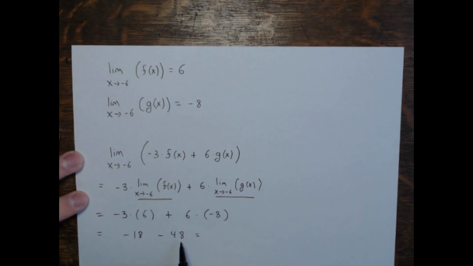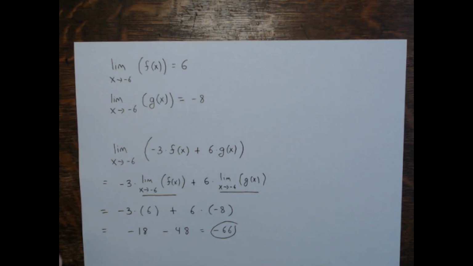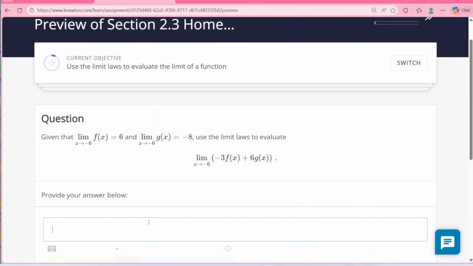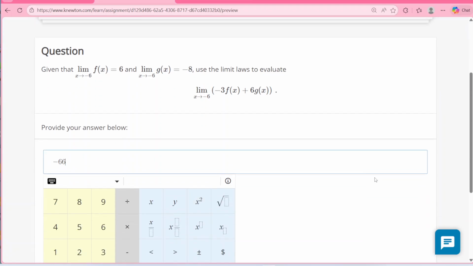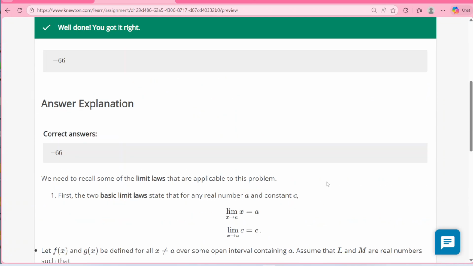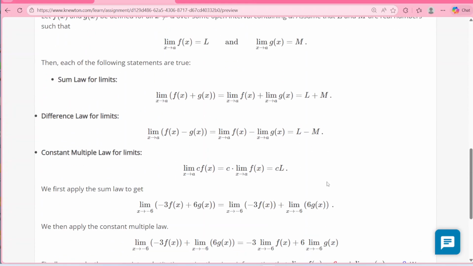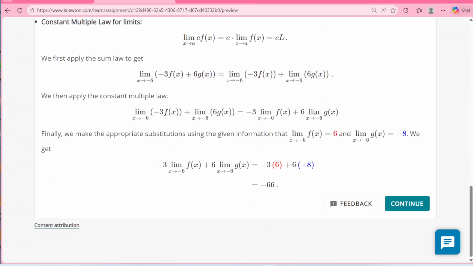So -48 there, and this will be -66 when you put it all together, and that's got to be the limit in question. So that's what I'm entering. Going back here, it just says provide your answer below: -66, and submit. Again, they state all these limit laws and how they're applying them to this particular problem one step at a time. But hopefully it ends up being a simple substitution at the end.